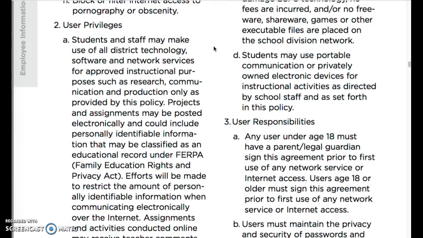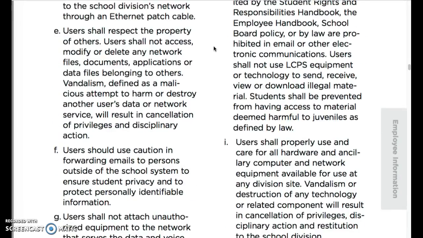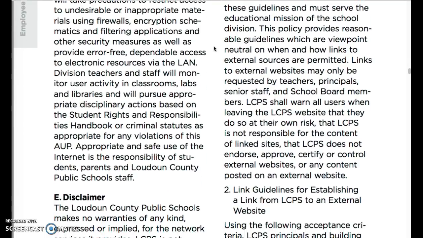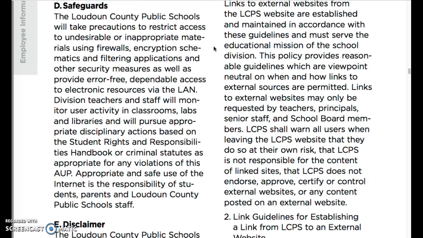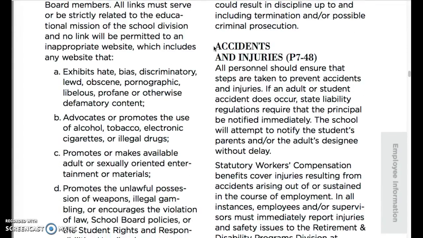Later on, it talks about the responsibilities and your privileges and more about what's expected of you specifically. And then all the way at the bottom, it talks about what could happen to both you, an employee, and students if any of this is broken or not followed.